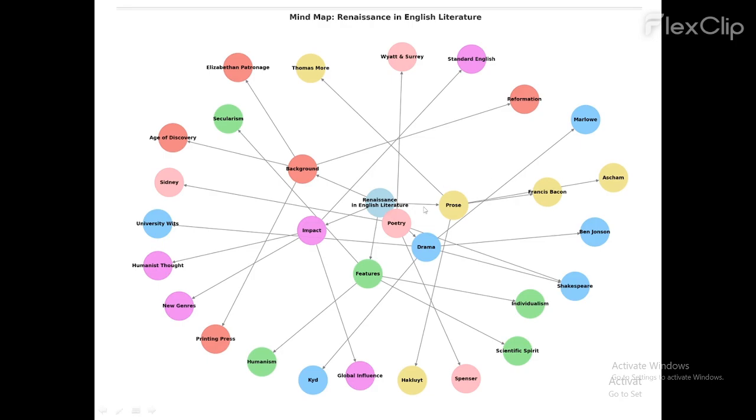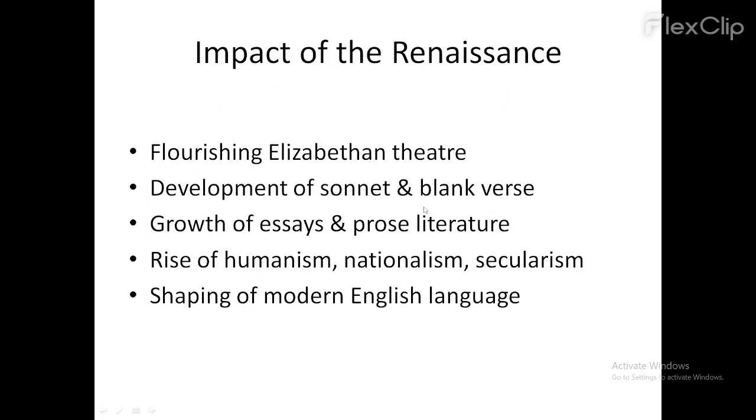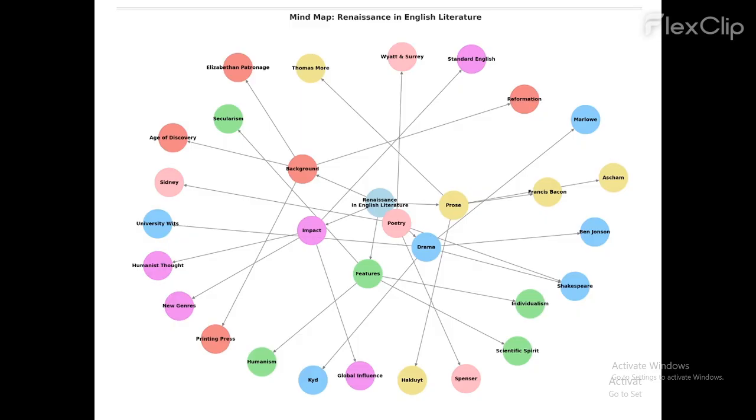This page is the mind map of Renaissance. It will help you out in understanding major terms and developments in the field of Renaissance. You can see Renaissance in English literature, talking about the background of Renaissance. See, during Renaissance, printing press was discovered by William Caxton.